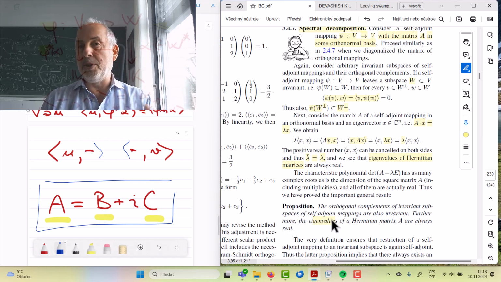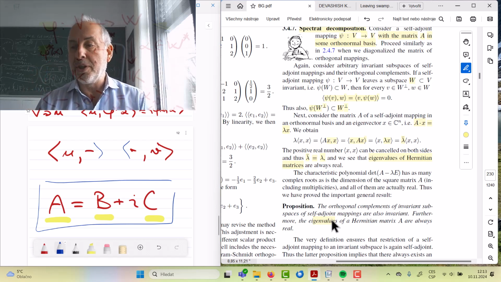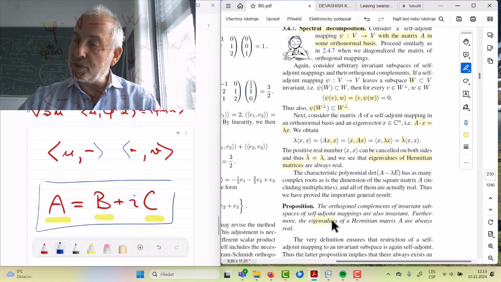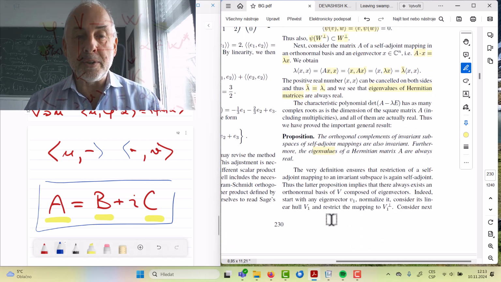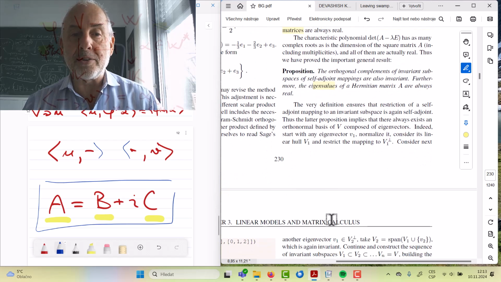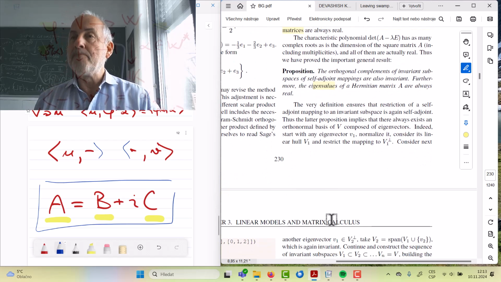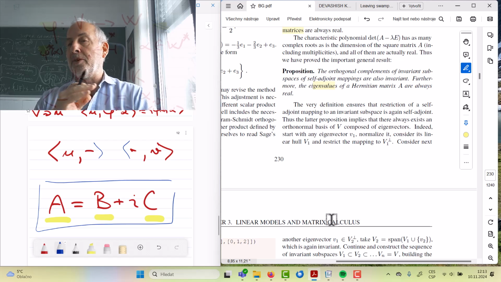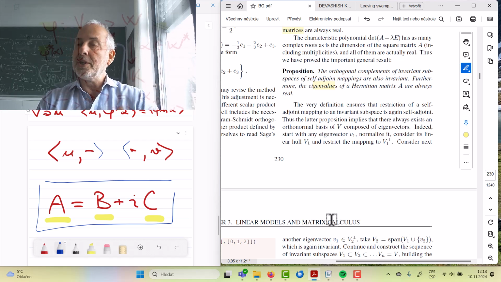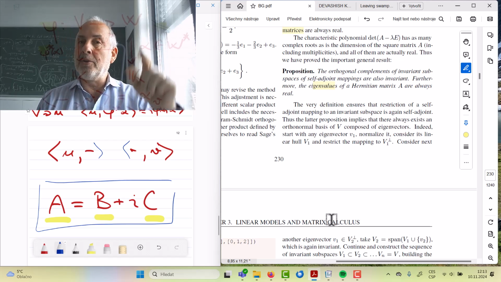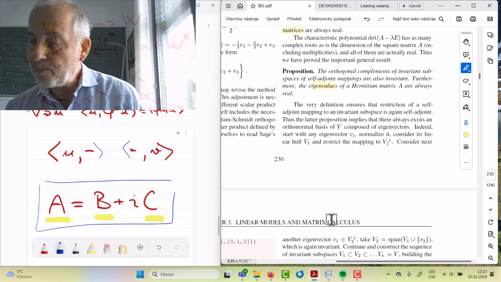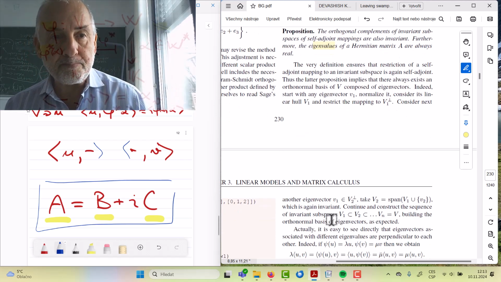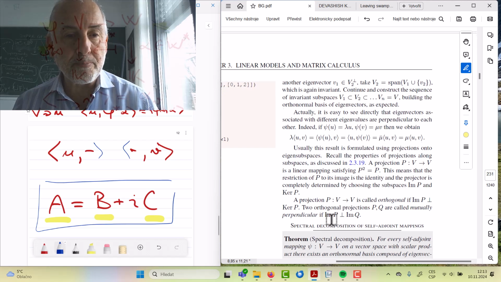So if you have some linear map with a symmetric matrix, then of course everything applies, and you will necessarily get an orthonormal basis in which it's diagonal, and all the eigenvalues will be real. Right. This is very nice.